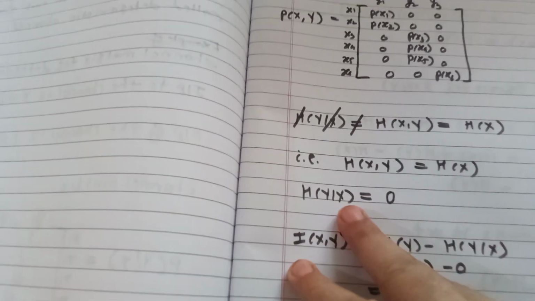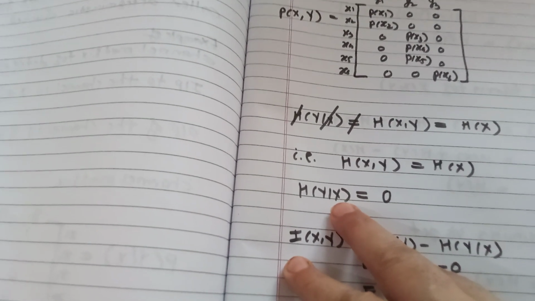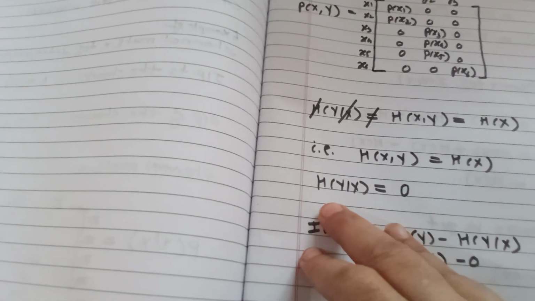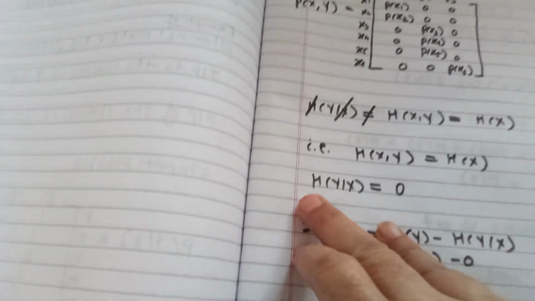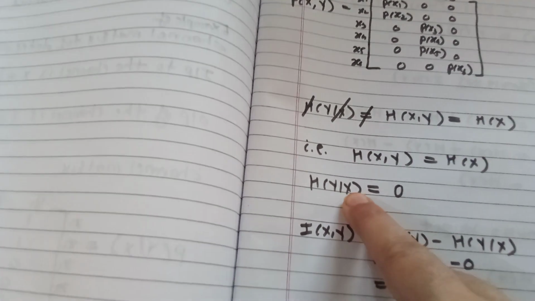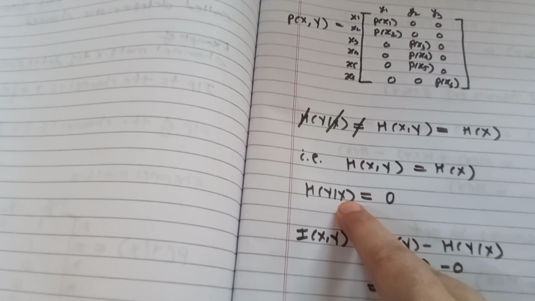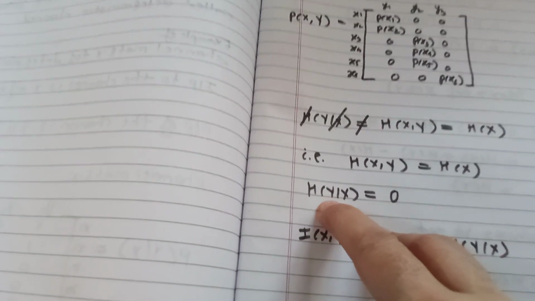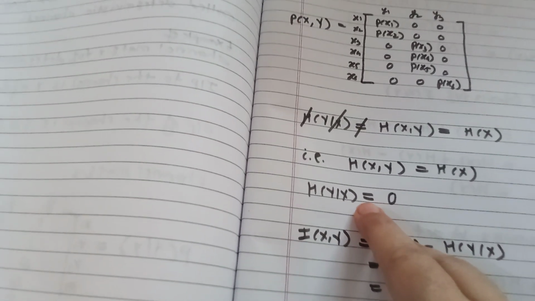So input symbols xi will be sufficient to determine output symbols yj with probability 1. That is its meaning: input symbol xi is sufficient to determine output symbol yj with probability 1.